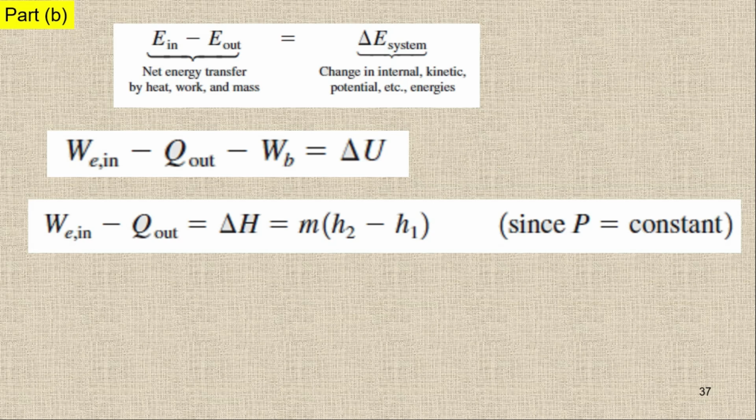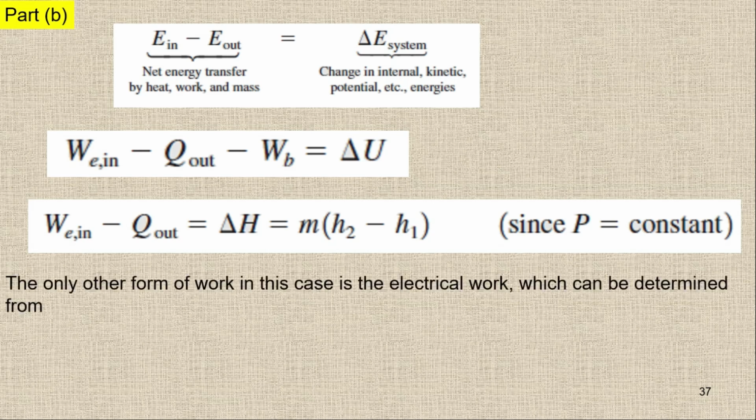Now here we have Q out, which is already given, but we don't know about W in, and we don't know about H2 and H1. W in is the electric work. If you remember the basic electric course, we have a formula for the power, and the electric power is simply VI, the voltage times current.